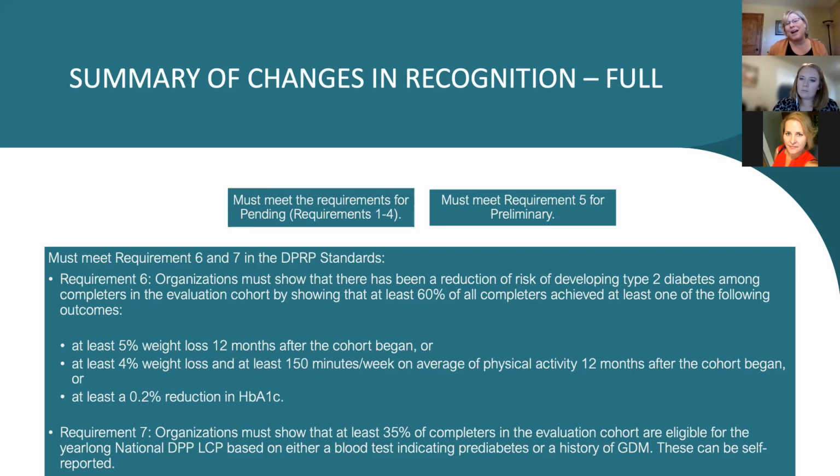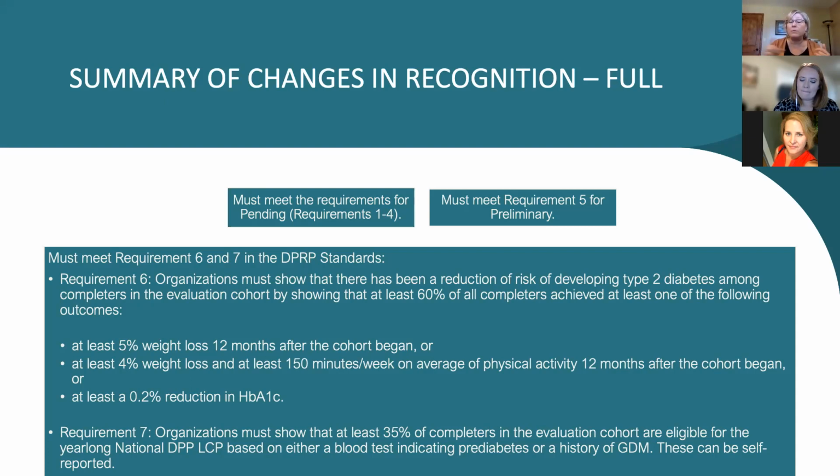This is where keeping track of those physical activity minutes is really going to be helpful. Or you can show at least a 0.2% A1C reduction. This is where that optional A1C data collection can really help your organization maintain and obtain that full recognition.